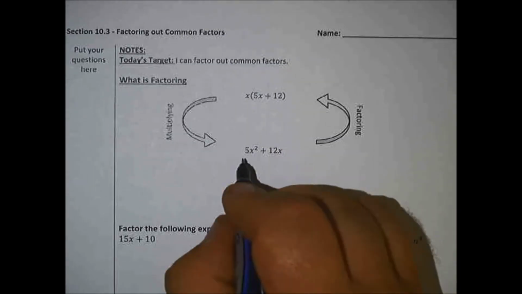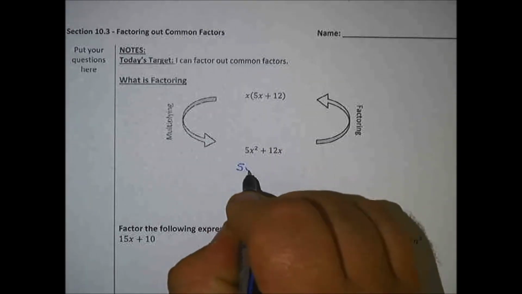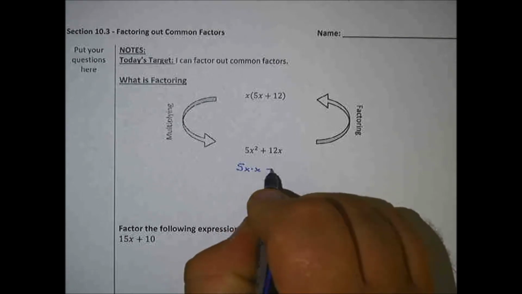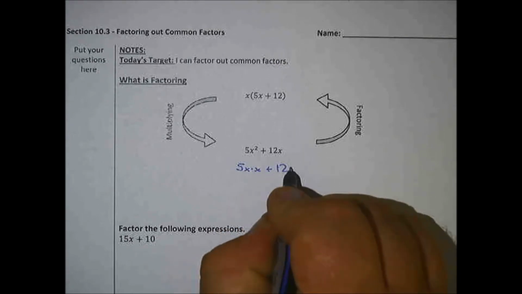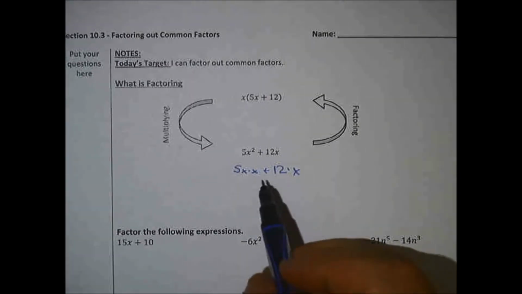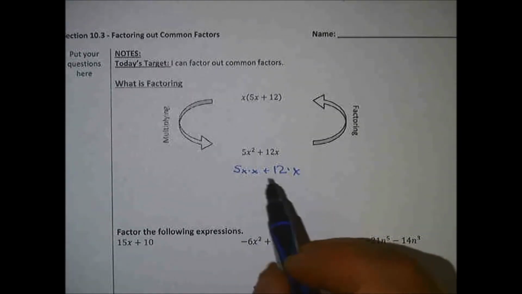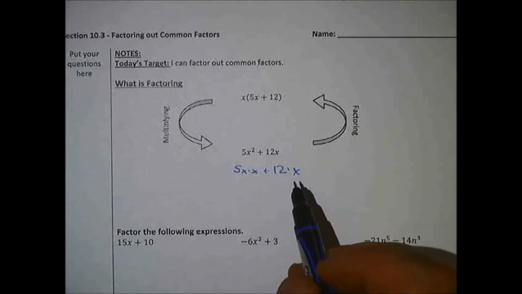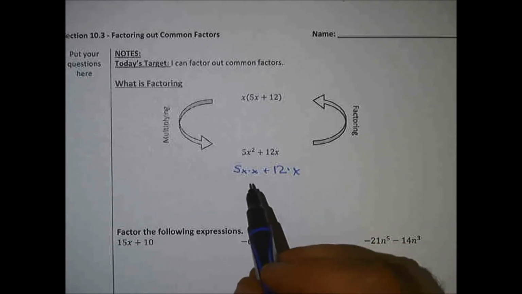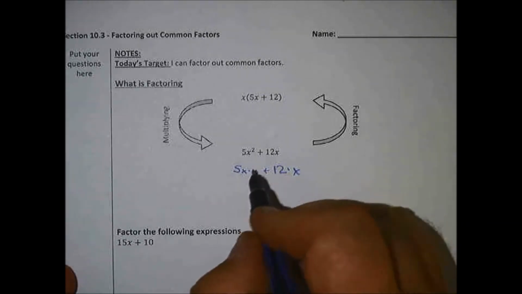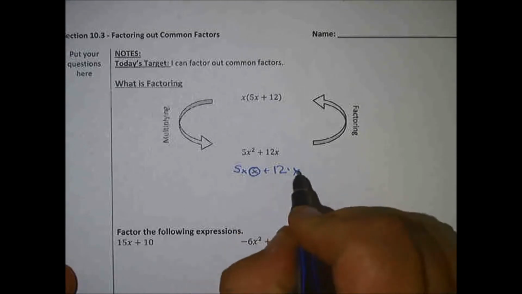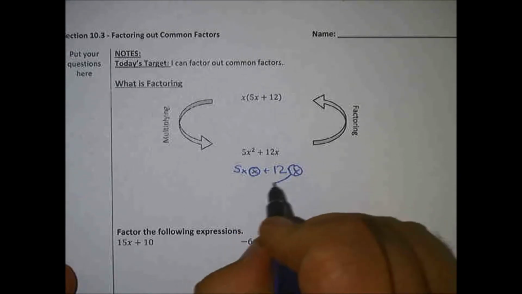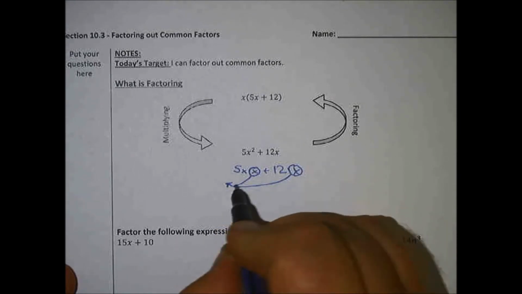But since in this one we really just have 5x times x, and in this one we have a 12 times x, I have a common factor, as we call it, of x in both of these terms. So I'm looking for those common factors of x, and I'm going to be pulling those out in front.